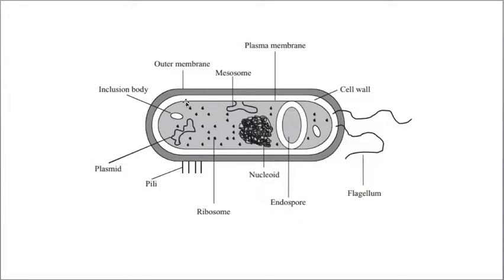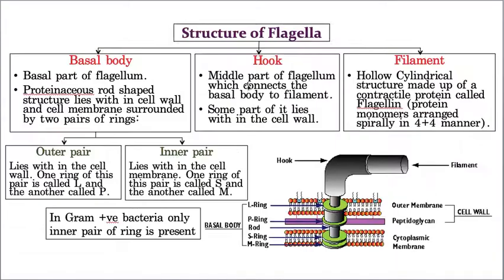The plasma membrane is showing an infold. You saw, so this is the infold, and this infold of the plasma membrane is called a mesosome. Now shall we go back? Hope you understood. The plasma membrane consists of an infold, and this infold of the plasma membrane is called a mesosome. Now let us go back and study what is mesosome.